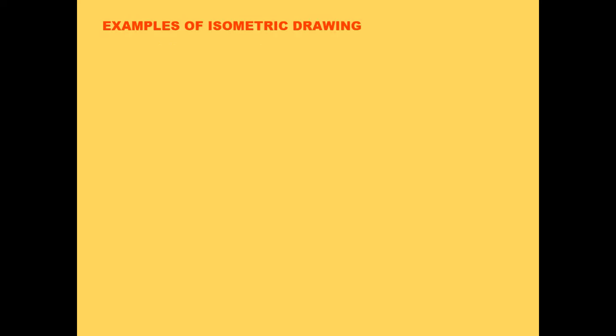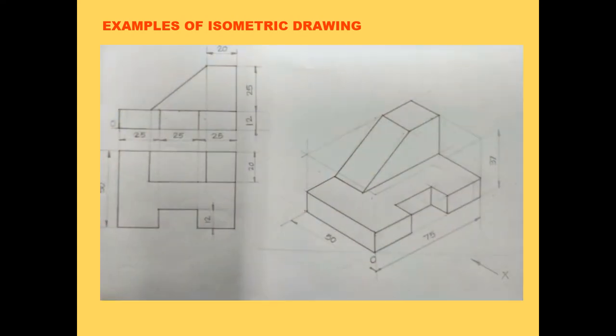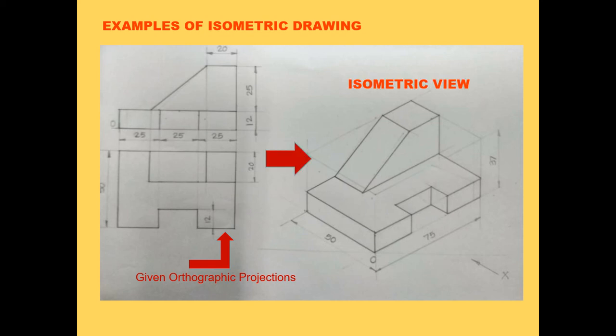Now let us understand these two examples of isometric drawing or isometric view. Generally in isometric views or isometric drawings, we are always given the orthographic projections. These are the front view and top view of an object, and the object drawn to the right is nothing but the isometric view for these two orthographic projections.